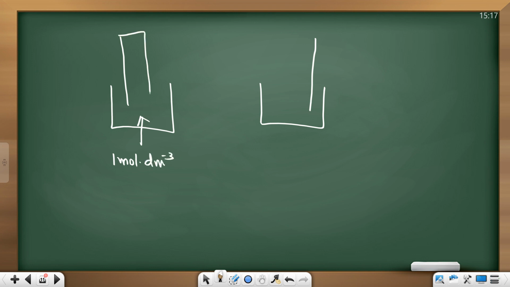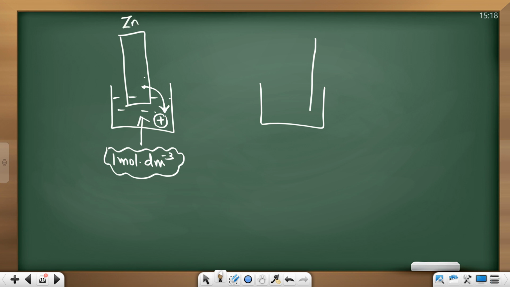But if I use something with a larger surface area, remember what happens. Oxidation takes place. So the metal ionizes into the solution to increase the positive ion concentration. Which means this thing is no longer 1 mole per dm cube. It will no longer be 1.